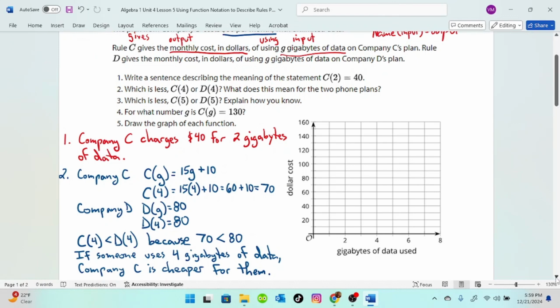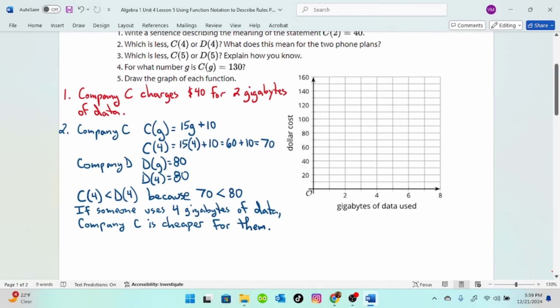So what we're going to do on this one, we already know the equation to find out company C. So we can say C of 5 equals 15 times 5 plus 10. 15 times 5 is 75.